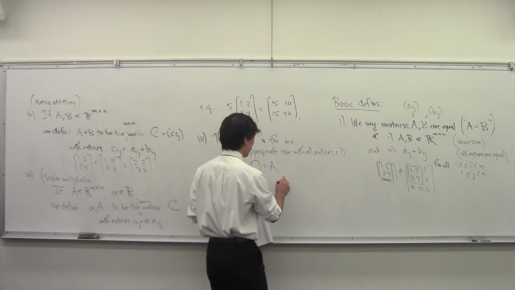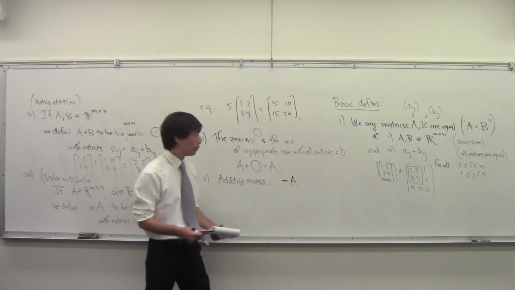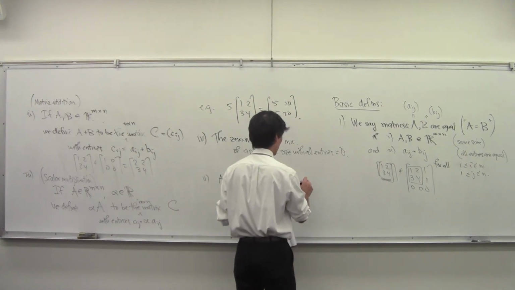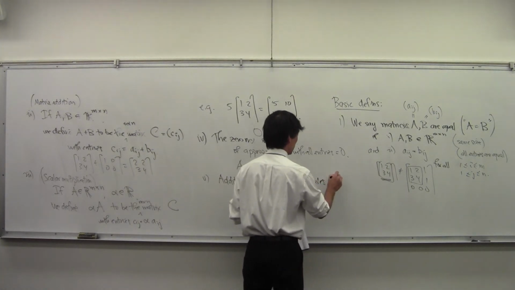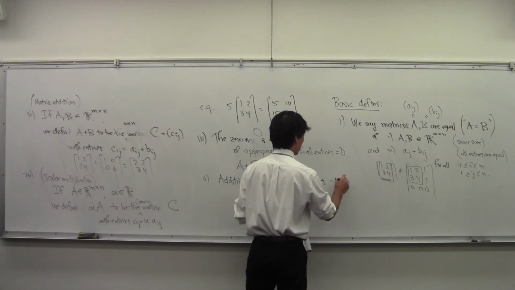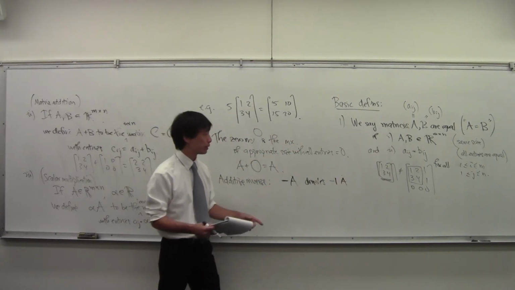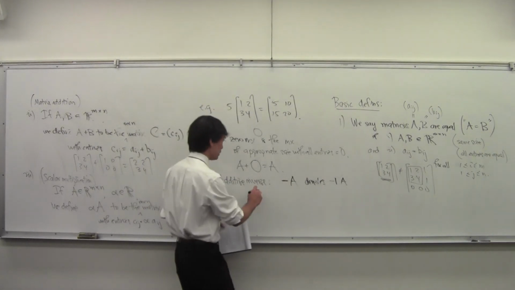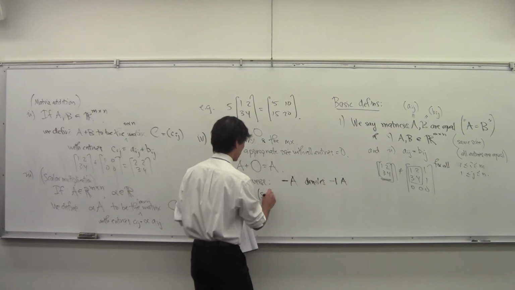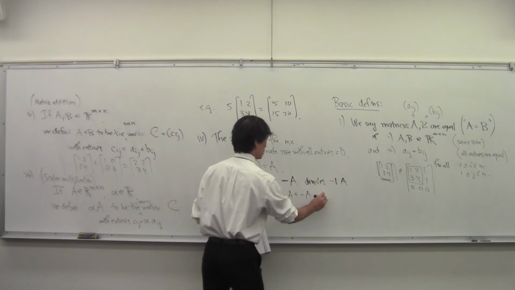When we write negative A, we mean negative 1 times A, where you take all the entries and take their negatives, so that A plus negative A equals the 0 matrix.